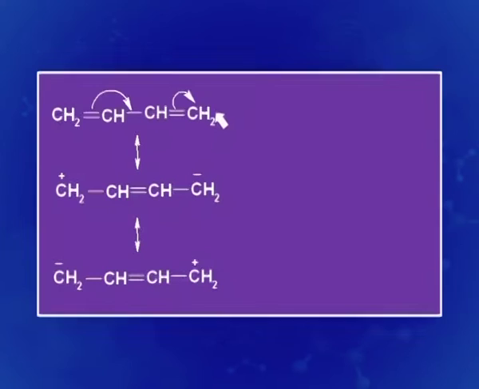You would recall here the use of curved arrows. This is the arrow which shows the movement of bonds or the movement of electrons or the movement of an electron pair. You would recall from your previous episode.